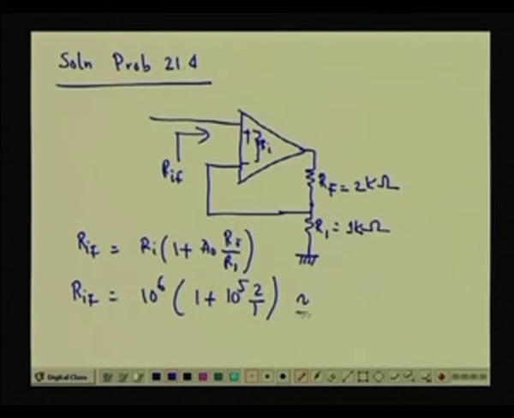So, this will give you almost 2 into 10 to the power 11 ohm, quite high input impedance. Now, if I draw the equivalent circuit of our measurement system, it will look like this.